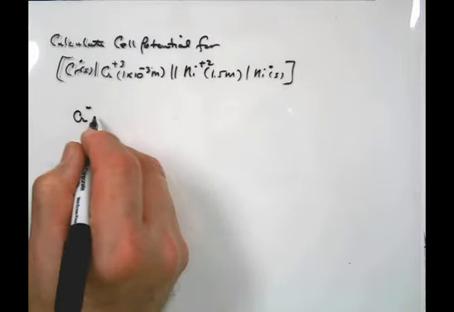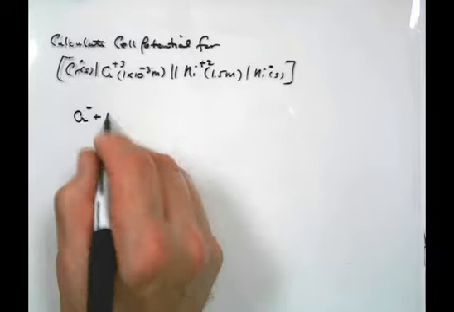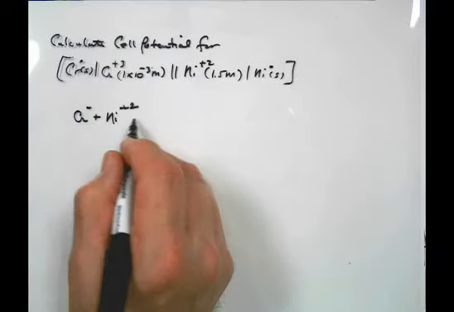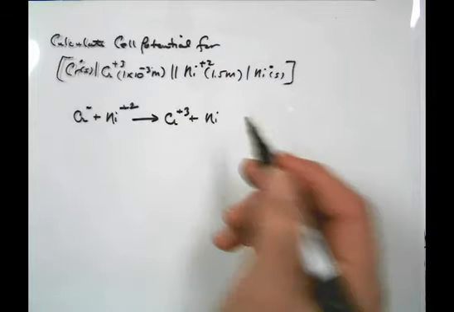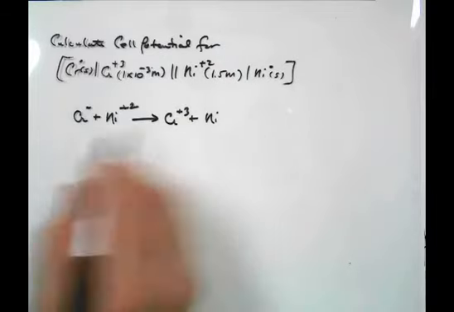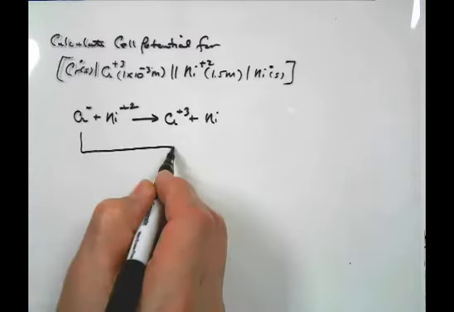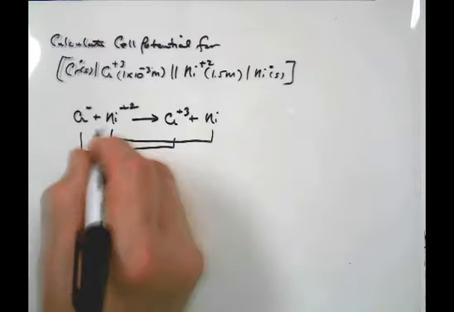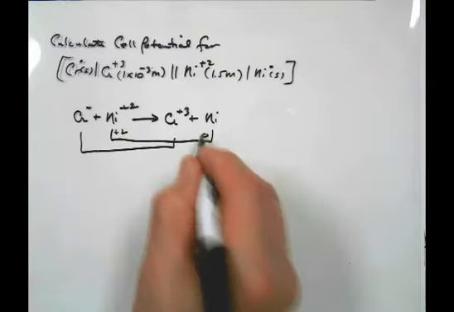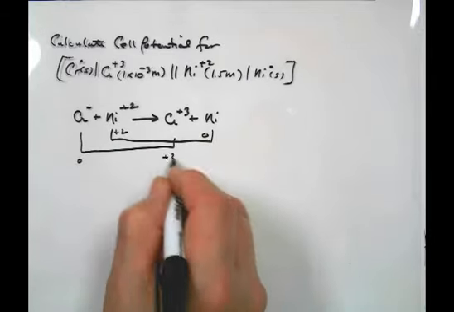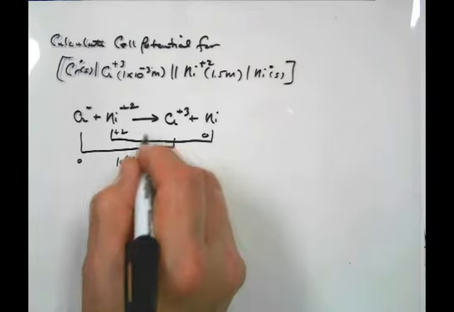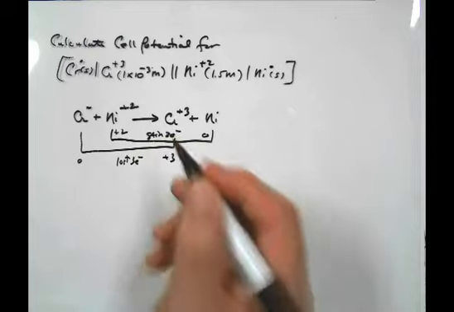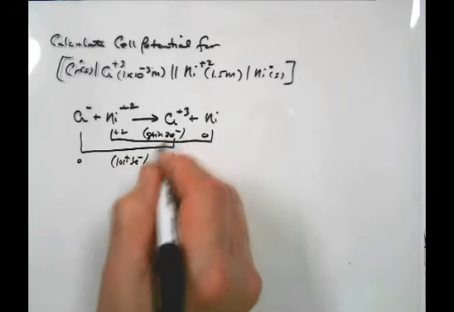When you look at this, what you have, chrome plus the nickel plus 2 goes to the chrome plus 3 plus the nickel. So in oxidation reduction, you're going from a +2 to 0, and from a 0 to +3. So this is a loss of 3 electrons. This is a gain of 2 electrons. Well, is this balanced by charge? No.